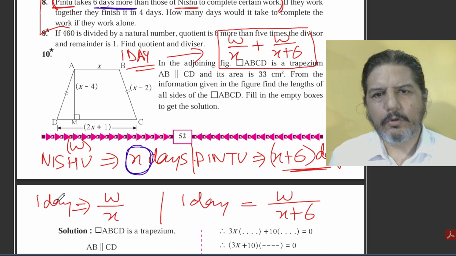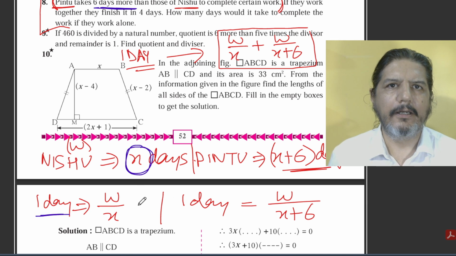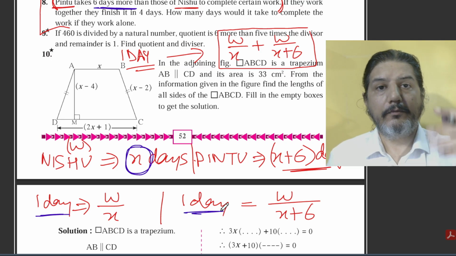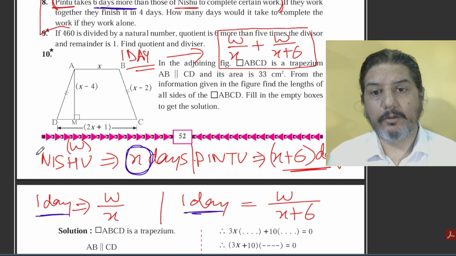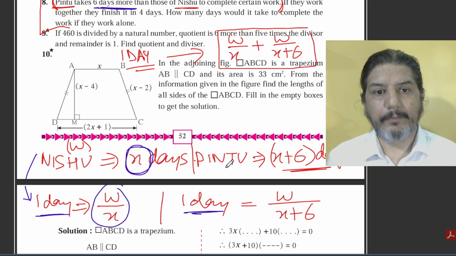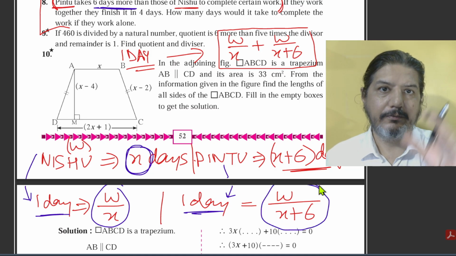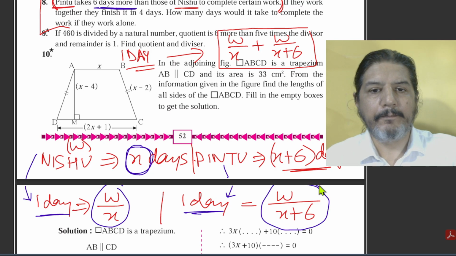So in one day, when they are working alone, Nishu will complete W by X of the work, and Pinu will complete W by X plus 6 of the total work.